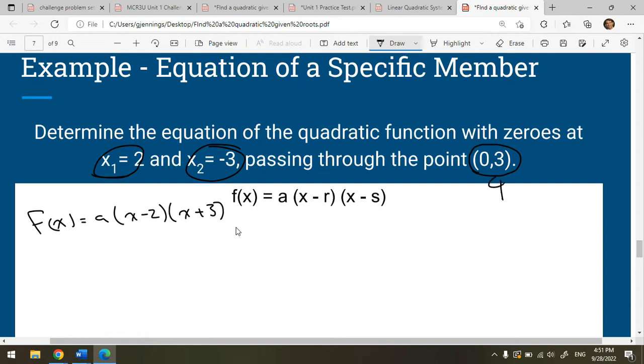And to do that, we're just going to substitute that in for x and y. So let's do that. So the function is equal to 3 when we have a multiplied by 0 minus 2 and 0 plus 3. Okay.